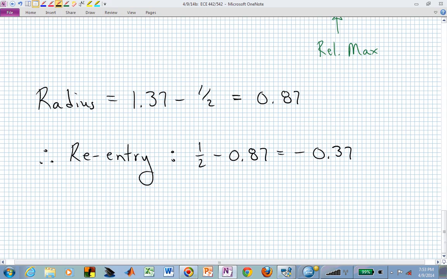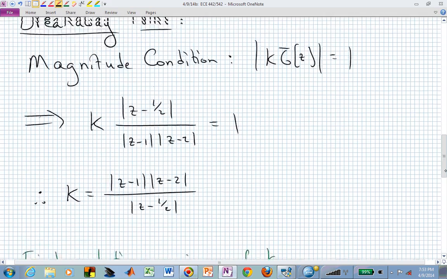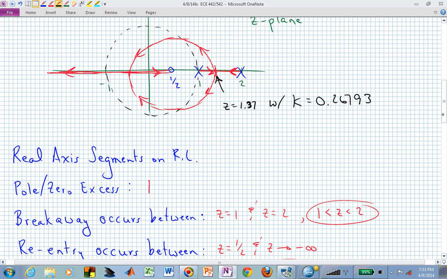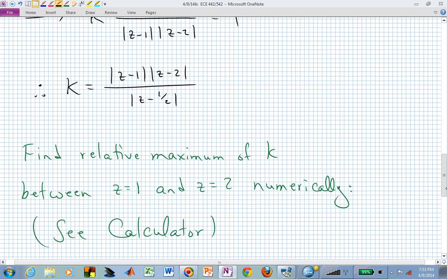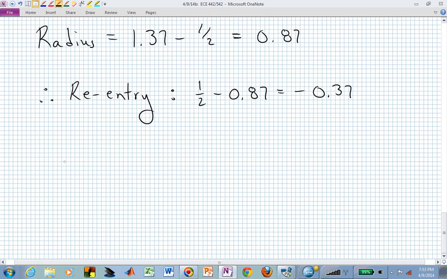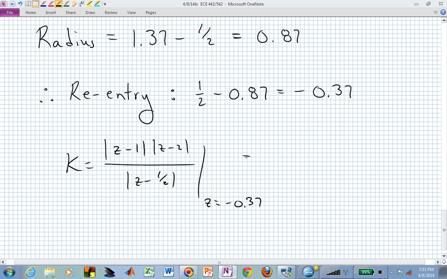So this point right here for re-entry is z equal to minus 0.37. We can plug that value into our gain k, where k was z minus 1, z minus 2 over z minus 1/2, at z equal minus 0.37.